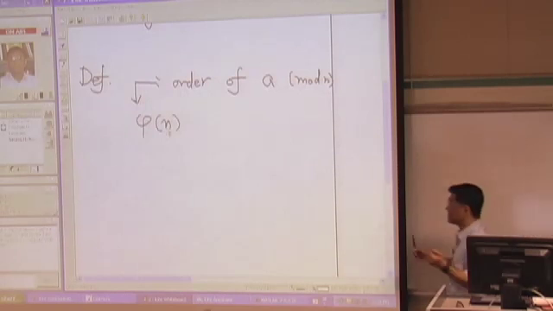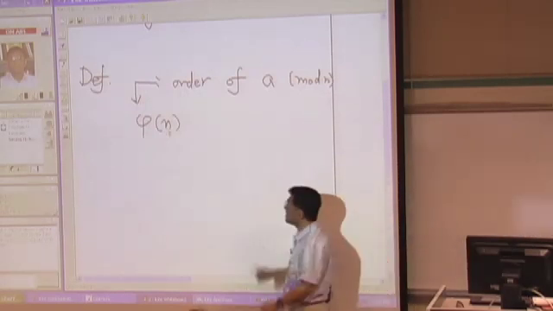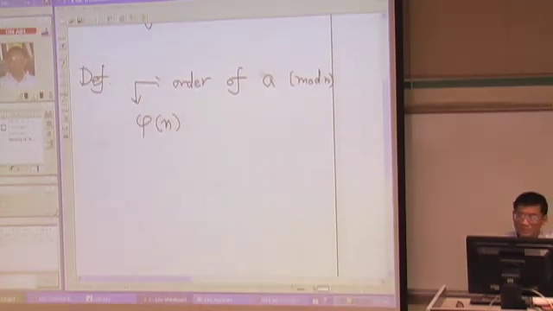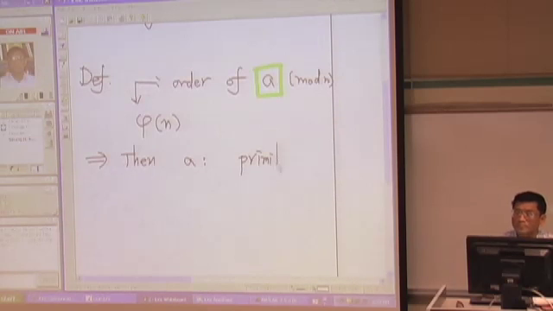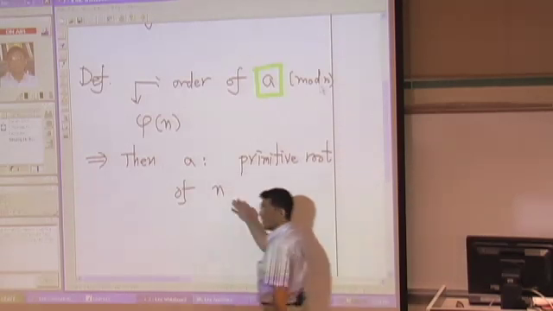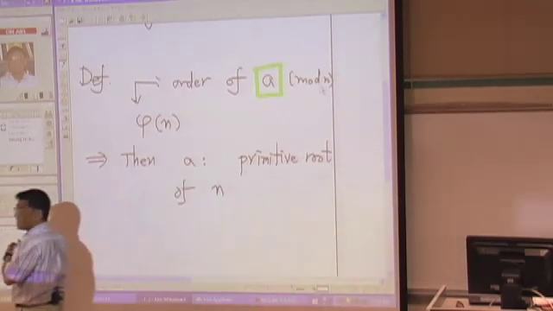The order of a happens to be some number k, and that k happens to be phi of n. Then a is called a primitive root of n, mod n. So this is the definition.